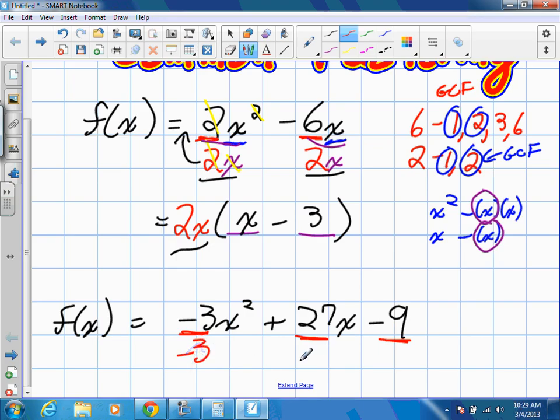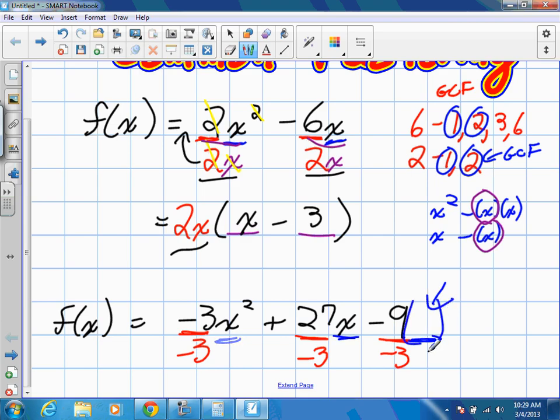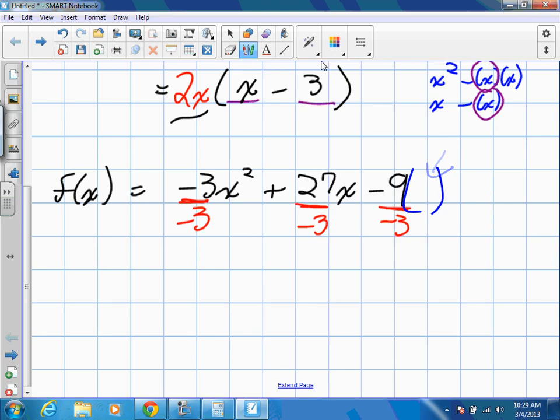And is there a variable I can divide each of these by? I can't divide it by x because there's nothing at the end here. Okay? So really all I can do is take out our negative 3. That's the only common factor I really have here. So the negative 3 comes to the outside of the brackets.